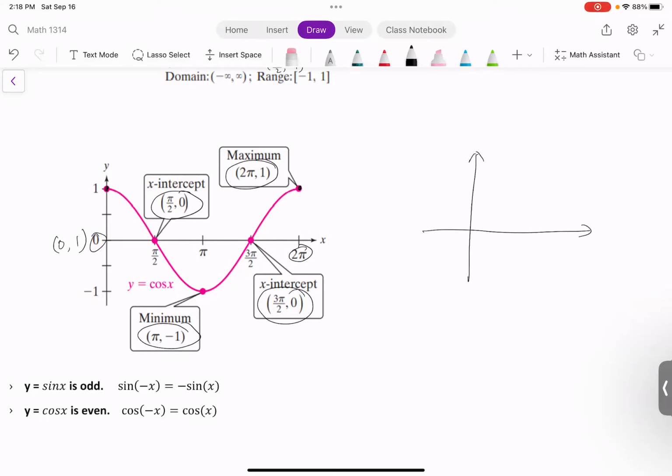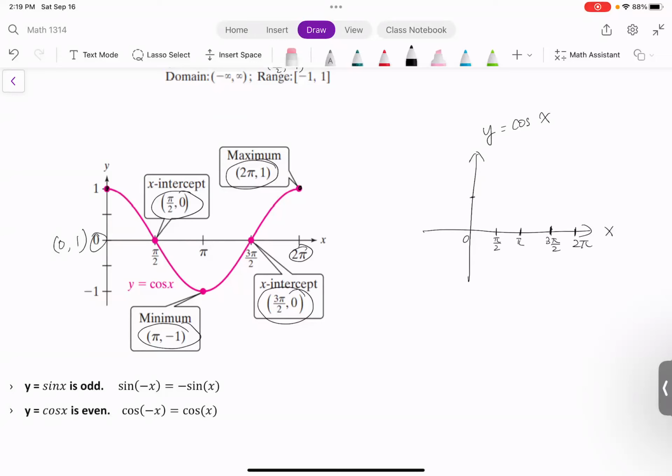So you must have the xy plane, x represents the angle, y represents the y value, or cosine x. And we have one full cycle from 0 to 2 pi. So divide the 2 pi into 4 equal parts. So these are special values: pi over 2, pi, 3 pi over 2. And the graph of the cosine from peak to peak.